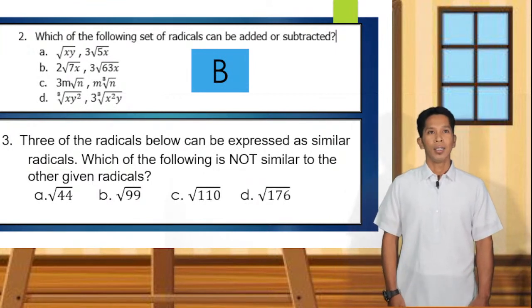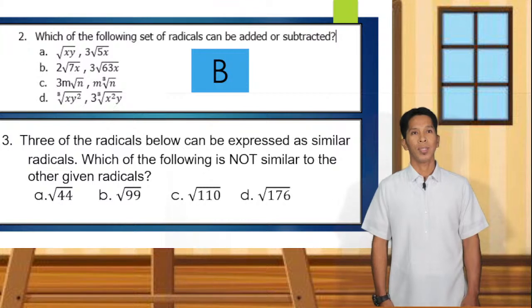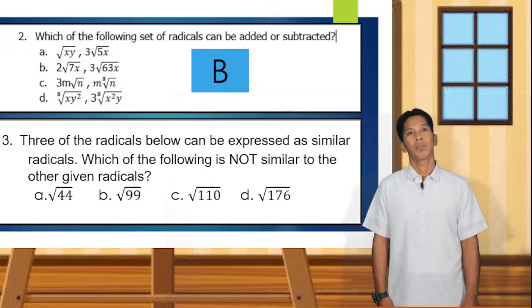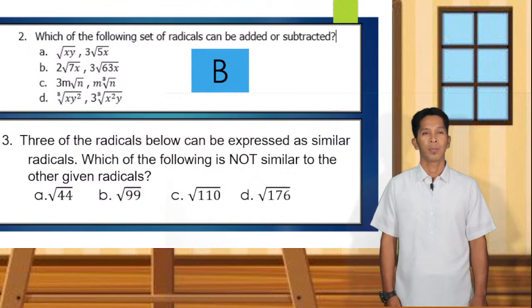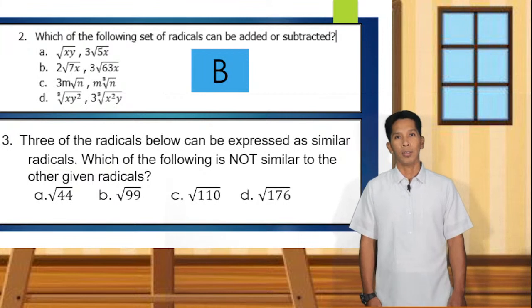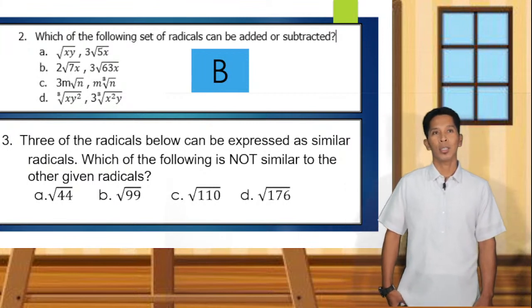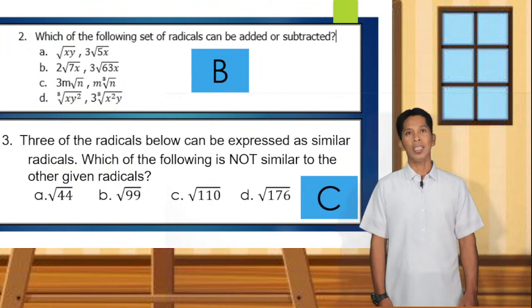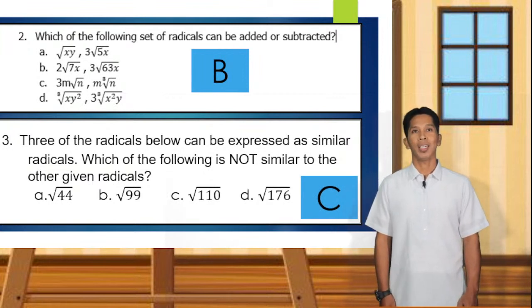And D, square root of 176? Okay, so the answer in this question is letter C. Let's have the fourth one.